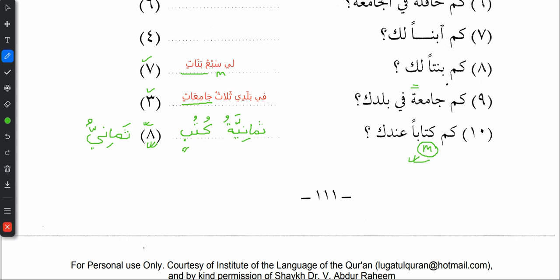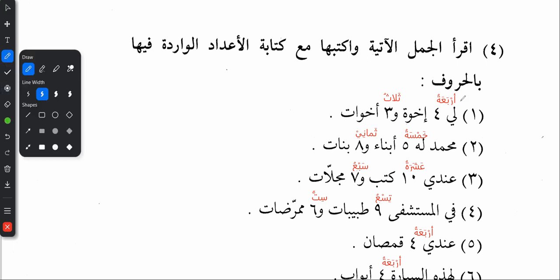How you should carefully choose the gender of your number. Now here you can see you have to write the numbers in words and put the haraka. So iqra means read. Al-jumal is the plural of sentences. Singular is jumla. Atiyati, following. Wa uktubuha, and write it.